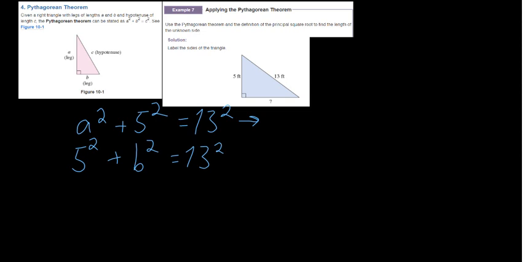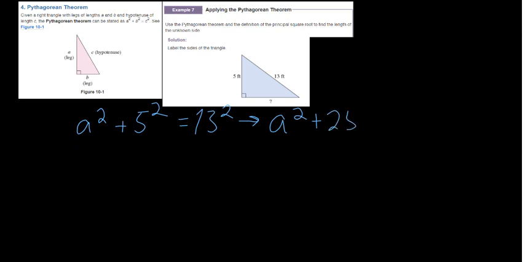Maybe I'll just do one of them because I don't want to skip some of that computation. So we'll just go ahead and write it out. Now I have to solve for a, so I need to subtract 25 from both sides.